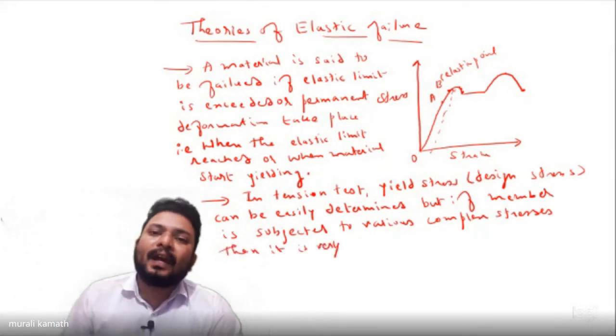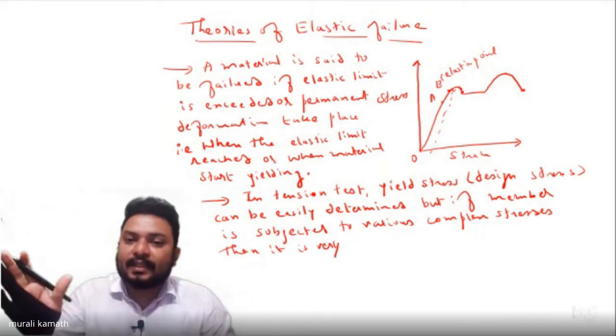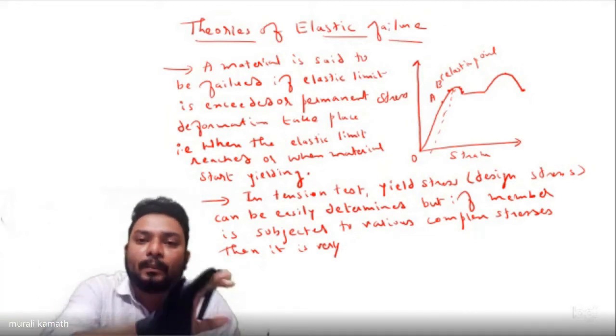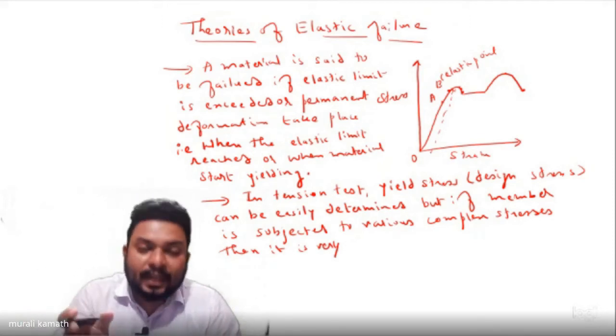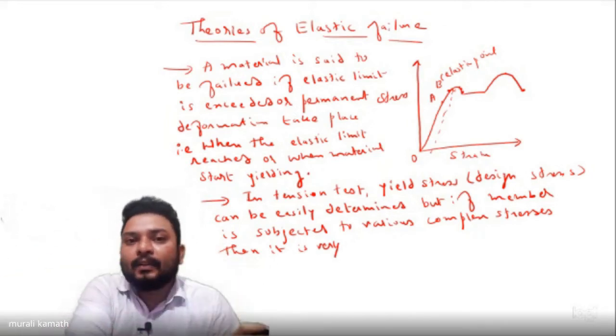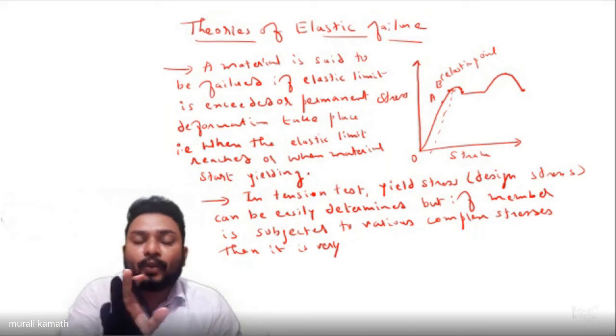If I apply a load and no other stresses are there, only your loading stress, then it is very easy. Why? Because you applied the load, you are not considering other parameters, and with that load you can understand what is going on with your material, right?